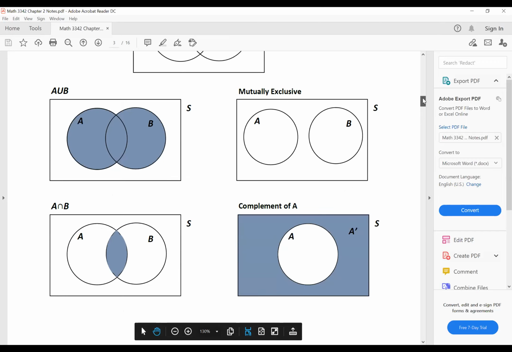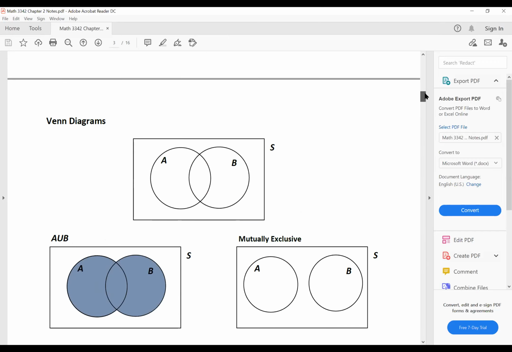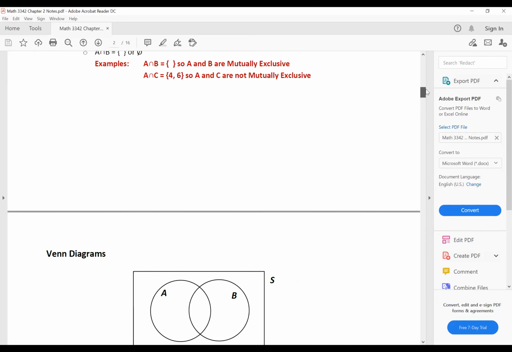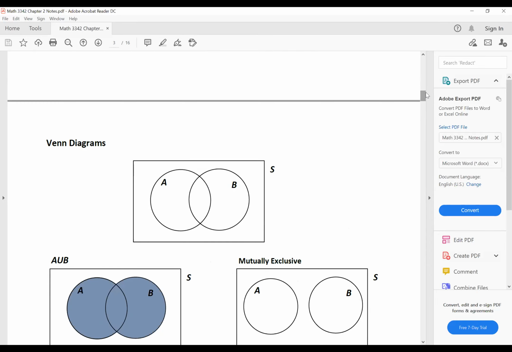This is actually very useful when you will be calculating the probability, because sometimes it is really tough to calculate the probability just using the formula. So in that case, you can use the Venn diagram and you can easily calculate the probability, and we'll go over some examples, and you will see whether the Venn diagrams are really useful.